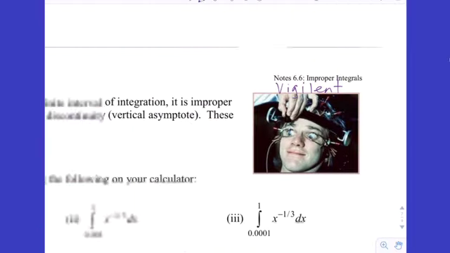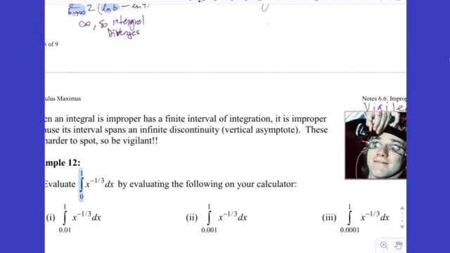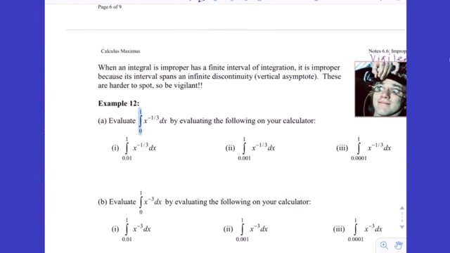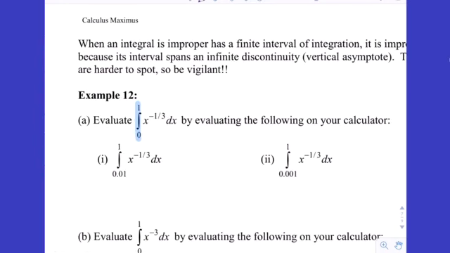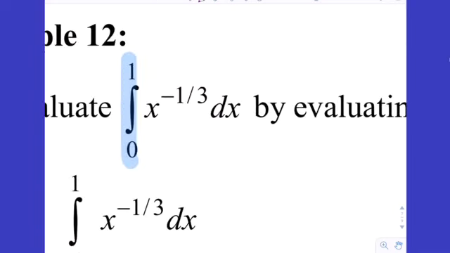When an improper integral has a vertical asymptote, either on the interval of integration or as one of the endpoints of the interval, then you need to be vigilant because it's going to be improper, but it's not going to be as easy to spot, right?